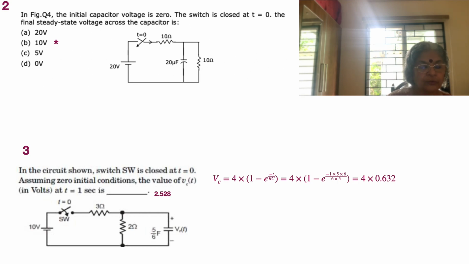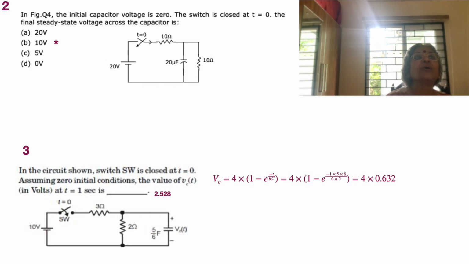So we have 4 into 1 minus, and 6 by 5 is the resistance value, and 5 by 6 is the capacitance value. Together they make a time constant equal to 1. So e raised to minus t by 1, and t is equal to 1, which is what is asked. So it is equal to 4 into 1 minus e raised to minus 1.